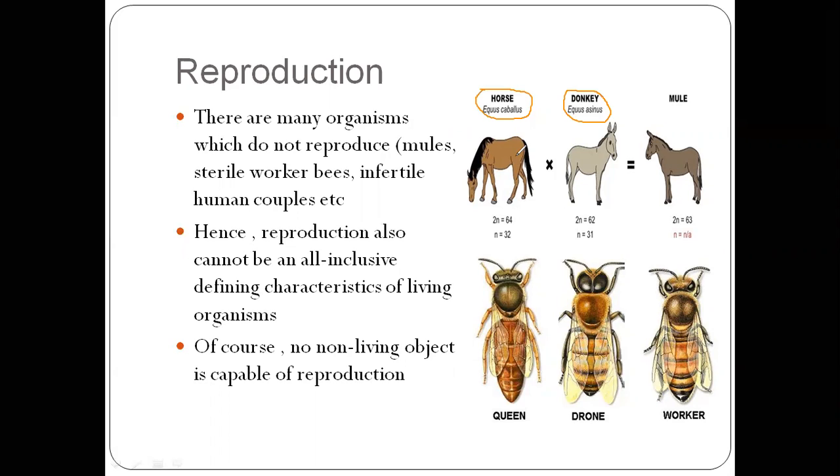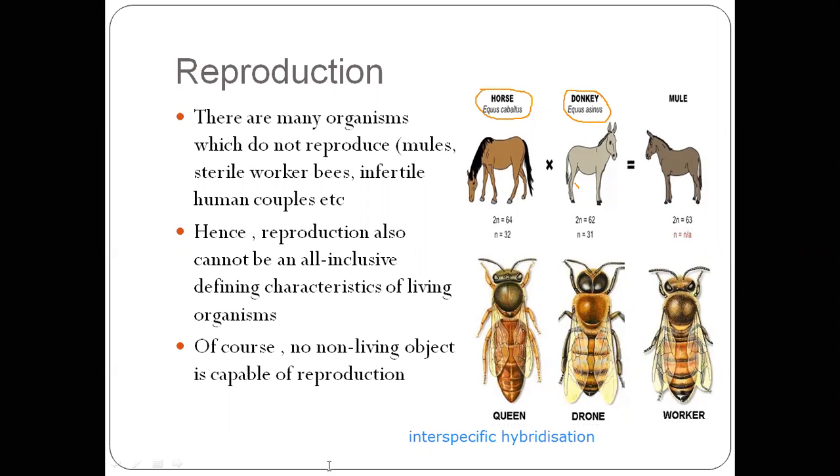One more thing I need to mention is that this type of cross is called interspecific hybridization. This kind of cross made between a horse and a donkey for the production of the mule, we call interspecific hybridization.